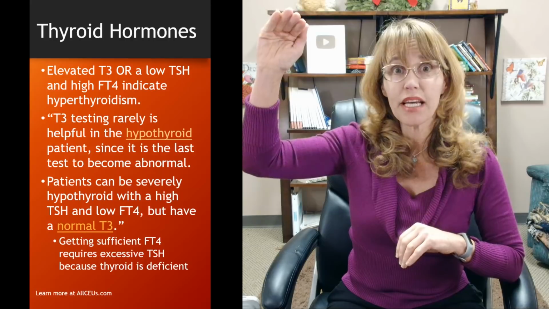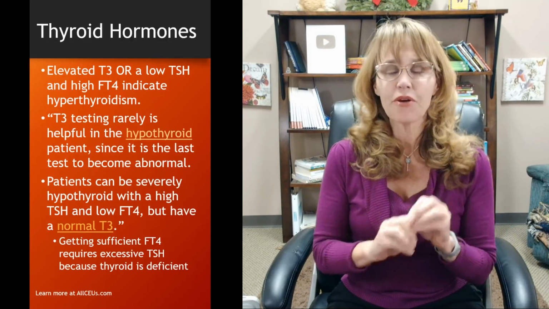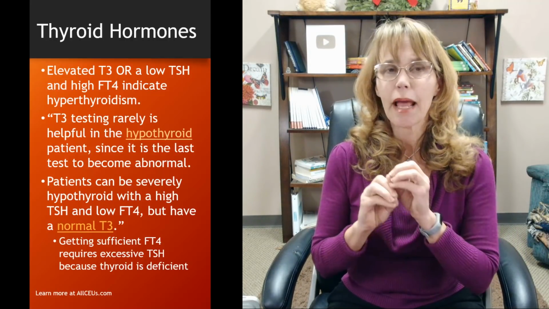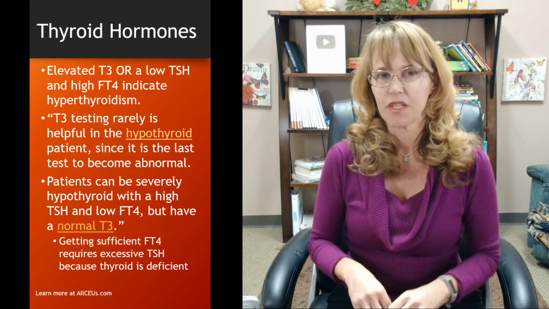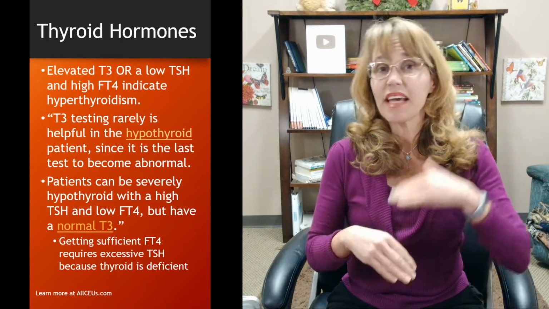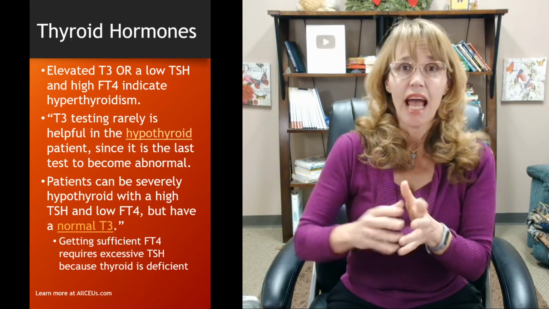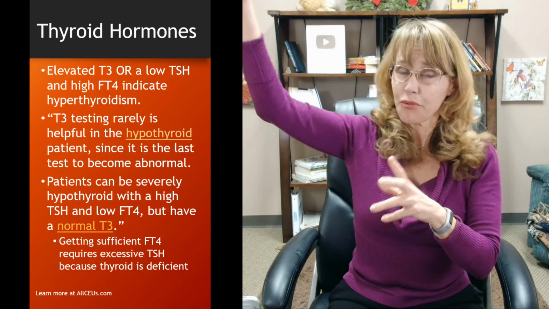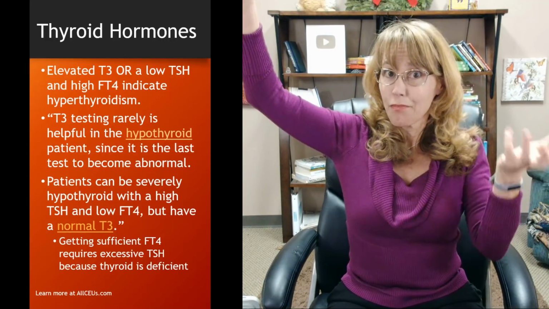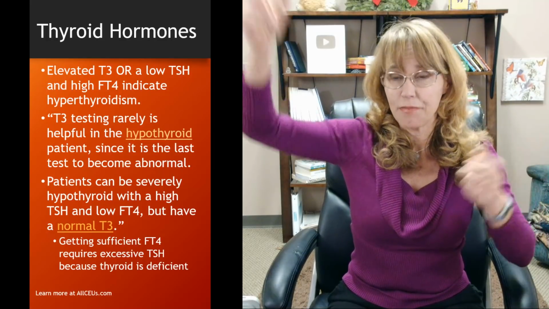Elevated T3, or a low TSH and a high free-floating T4, indicate hyperthyroidism. All right, so elevated T3, remember that's what T4 gets broken down into. And if there's a high level of T3, it had to come from somewhere. So that probably means that we had some hyperactivity early in the system.